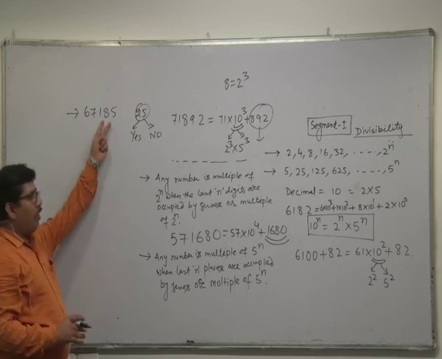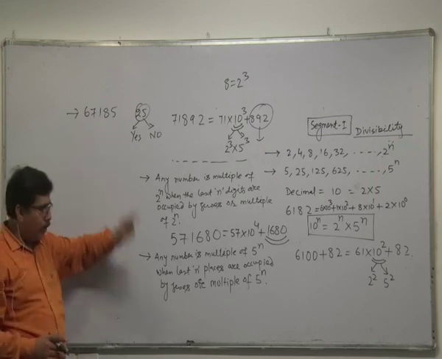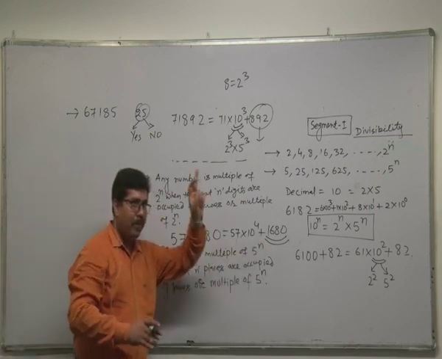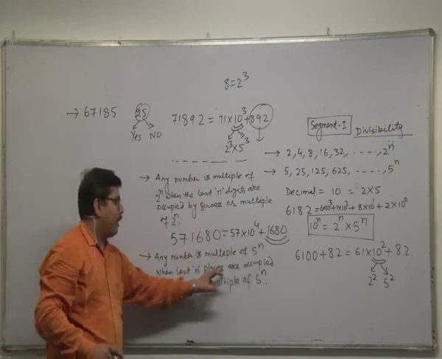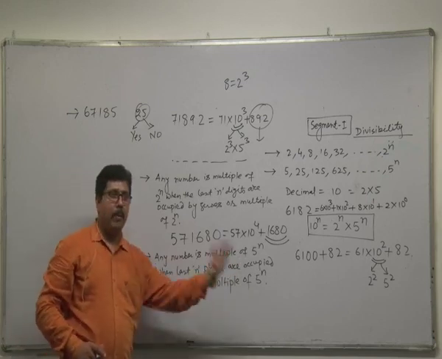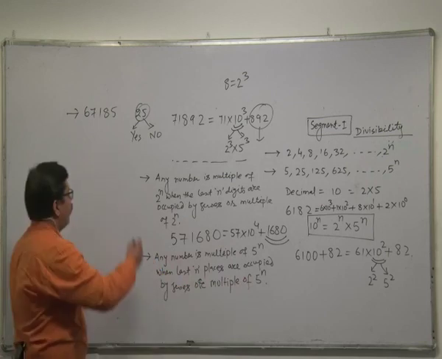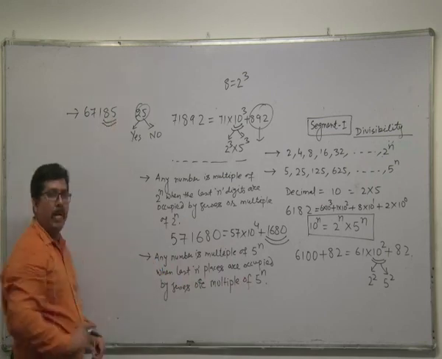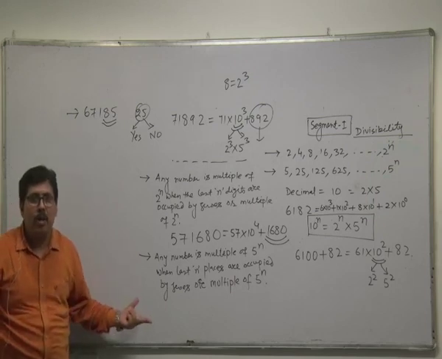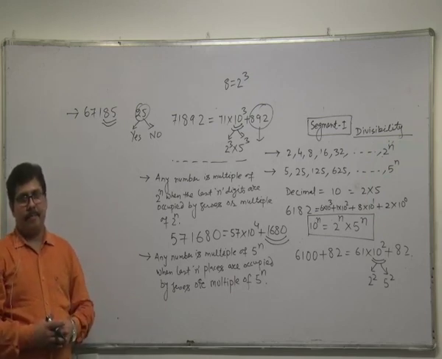So we need to check the last two digits only. From this principle, any number is a multiple of 5 raised to the power 2 when the last two places are occupied by zeros or form a multiple of 5 raised to the power 2. Now check whether 85 is a multiple of 25 or not. Clearly 85 is not a multiple of 25.